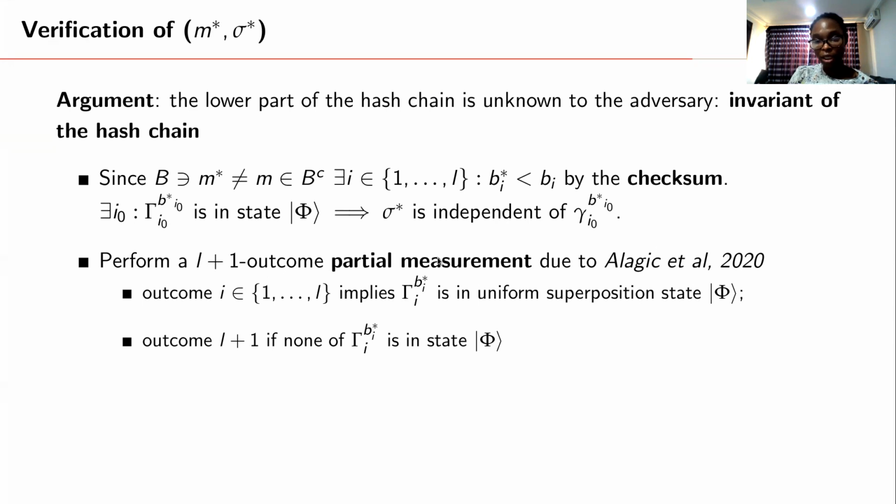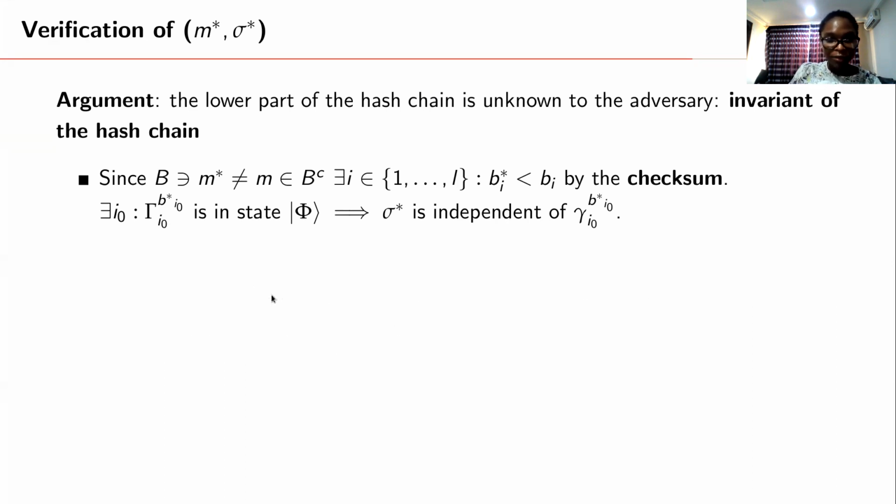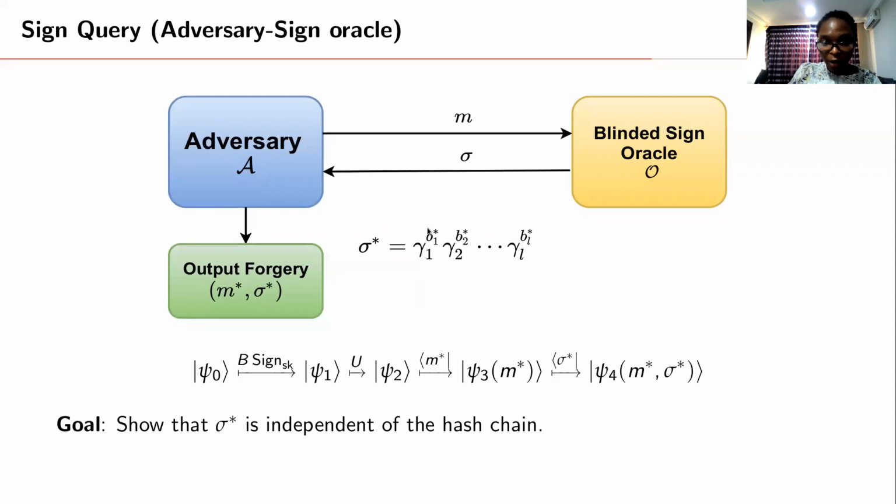This idea of partial measurement is due to Alagic et al. So if our partial measurement gives outcome I, with I from 1 to L, as we have seen here, our signature contains L strings of n bits.